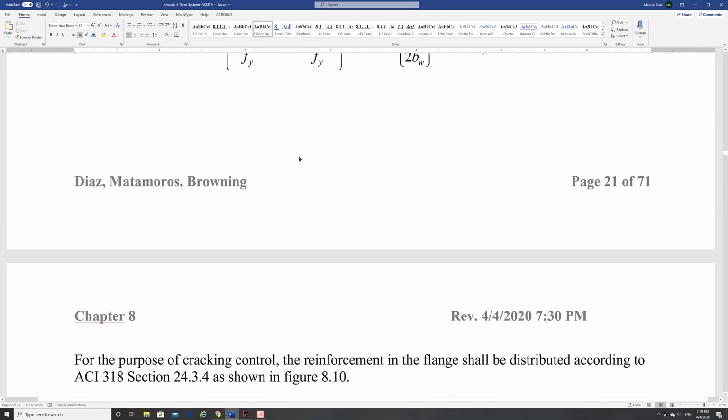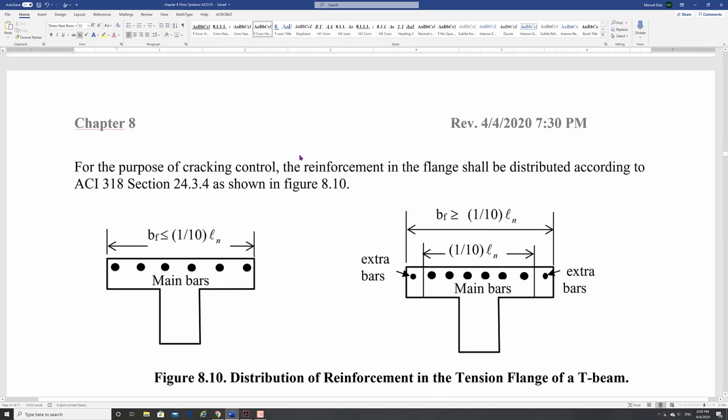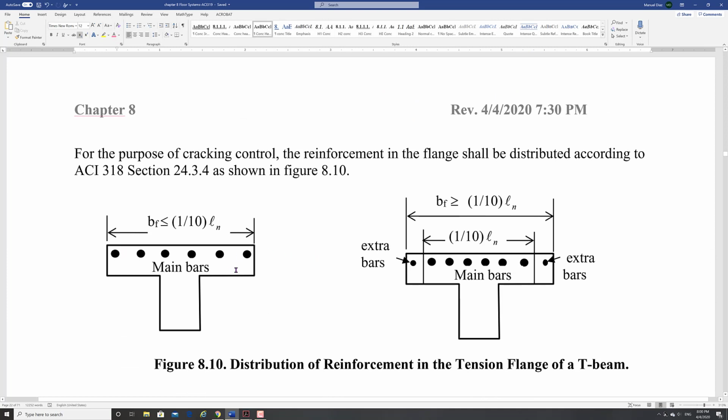All right, the other thing that we had to do is, remember we said you're going to put rebars on the flange. Then the code says you can spread these bars in the flange, but it varies. If your b_f is less than 1/10 of the clear span length of your beam, L_n, then you can put your bars on the flange and spread them out.